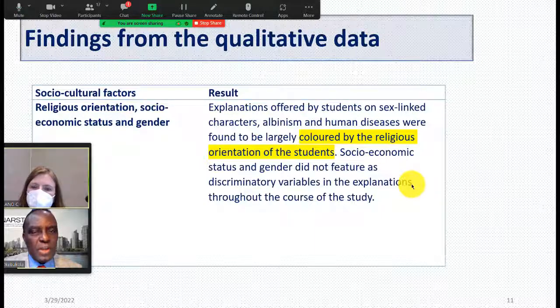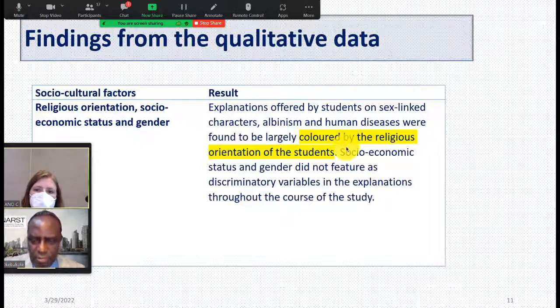What about other factors? Let's look at sociocultural factors, religious orientation, and the rest of them. Now, the topics on sex-linked characters, albinism, human diseases, were found to be largely colored by the religious orientation of the students. That is, explain why an albino results from two parents, a man and a woman, that are not albinos.